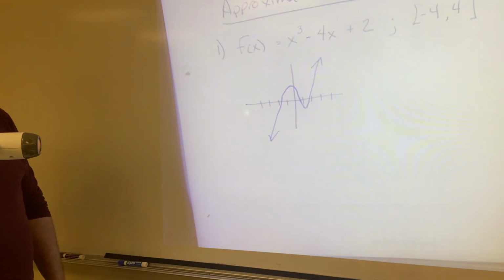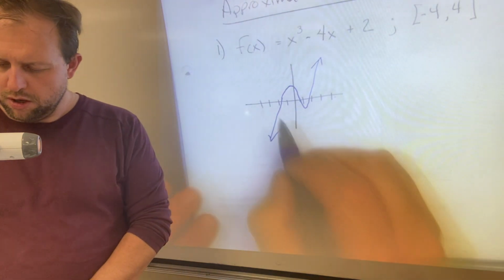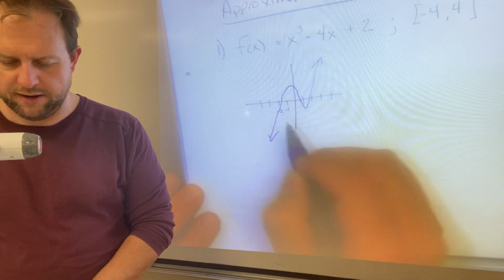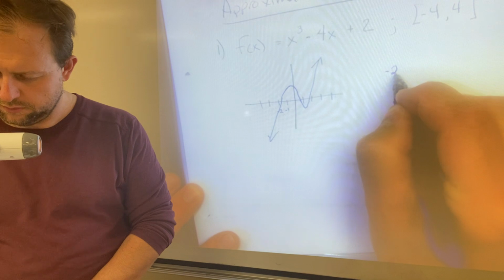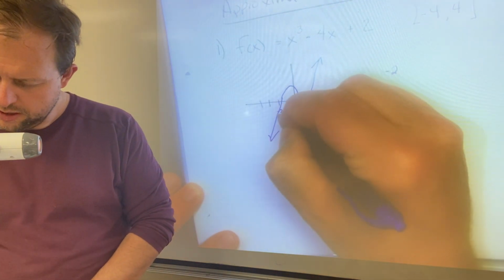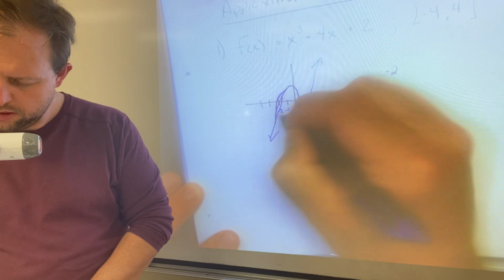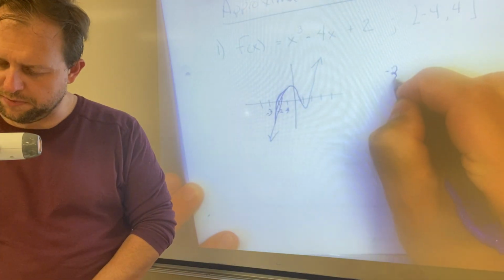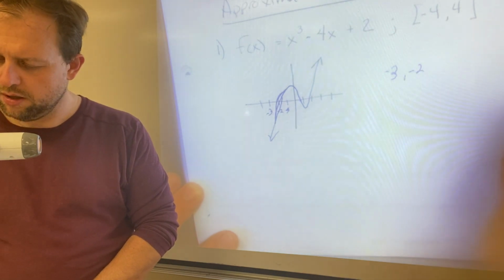Okay? And to look at our approximate zeros, we're going to be between negative 2 and negative 1. Oh, sorry. I have this in the wrong spot. It should be going like this. So it should be between negative 3, you type it in the graphing calculator, and negative 2.